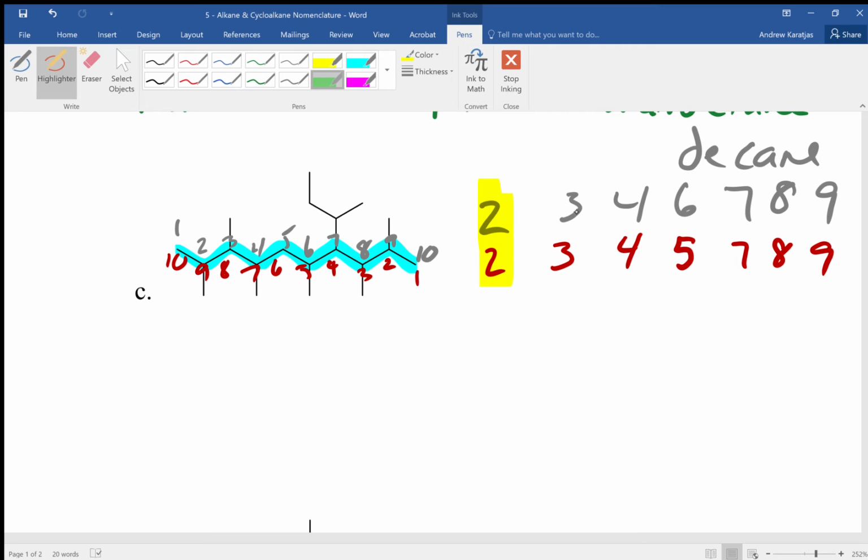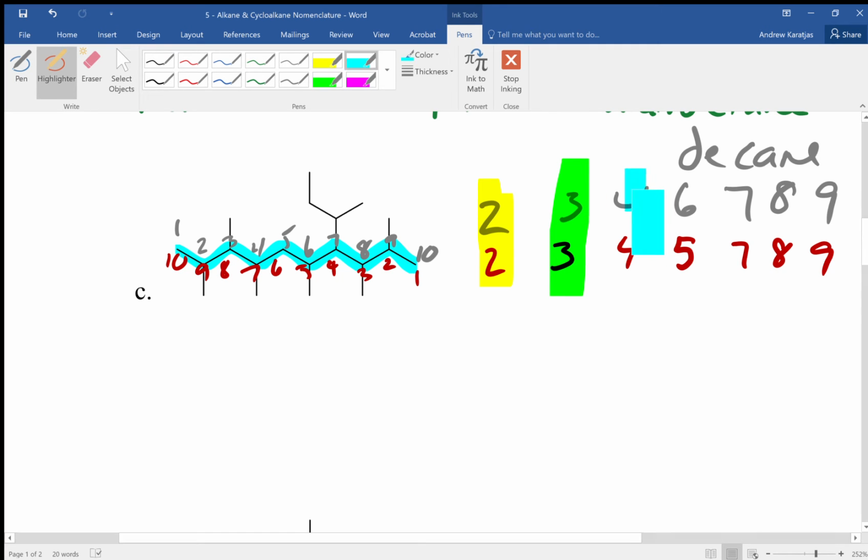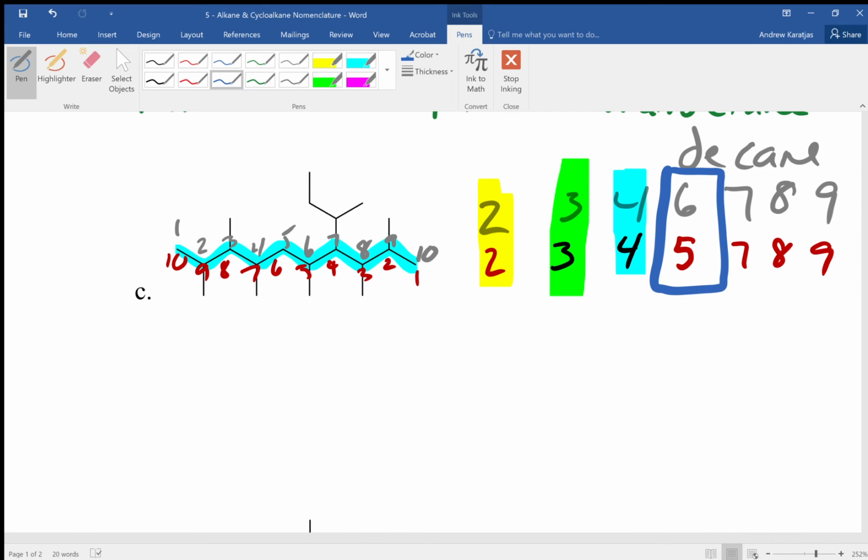Second substituent, same. Third substituent, same. It's not until we get to the fourth substituent that we end up with a difference. And we can see that the red number is lower than the gray number. And so we come with this as our first carbon and work right to left.